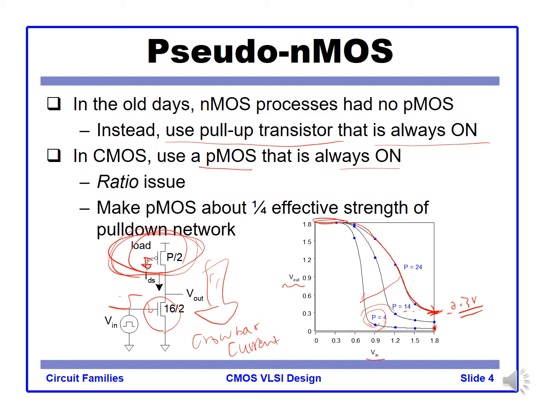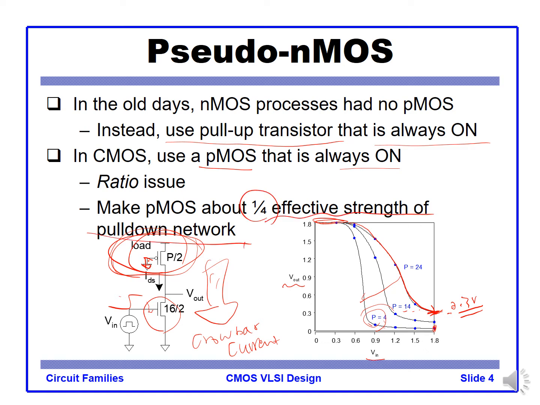It becomes close to 0 now. As a rule of thumb, for this kind of pseudo-NMOS logic, we design the PMOS size to have 1/4 of the effective strength of the pull-down network.